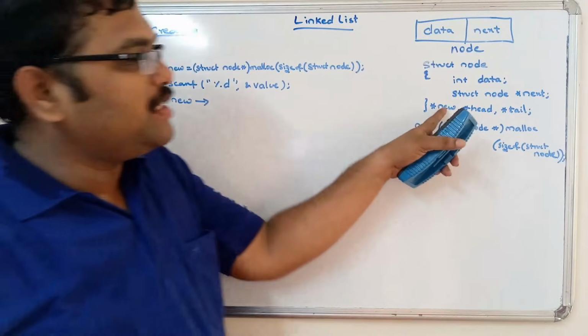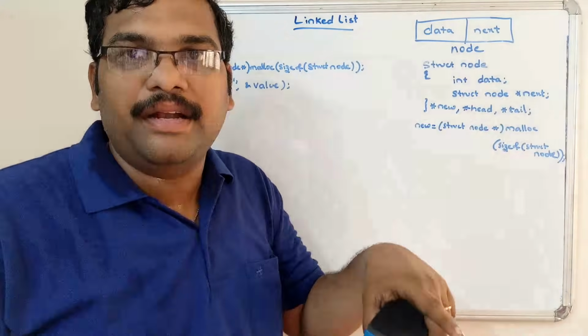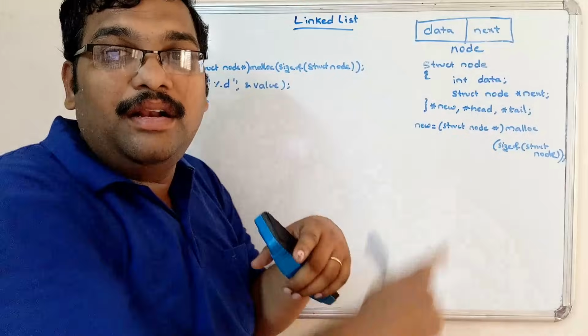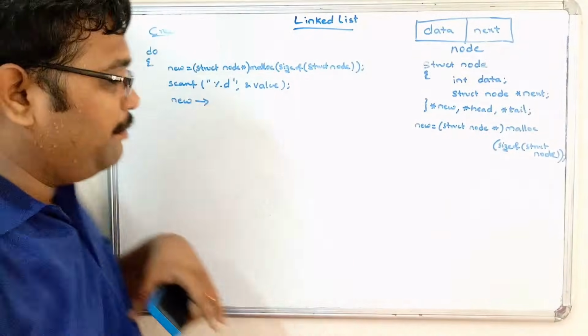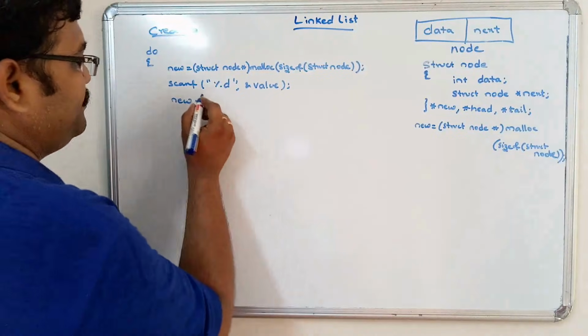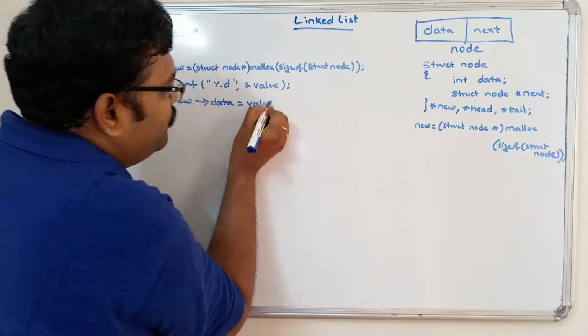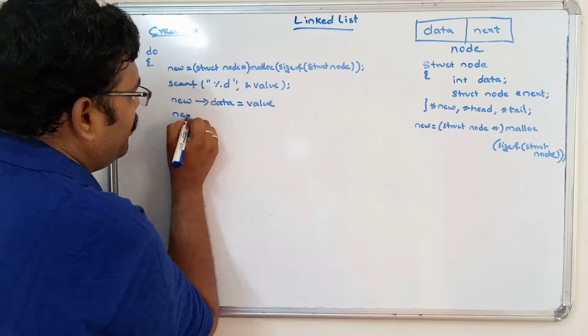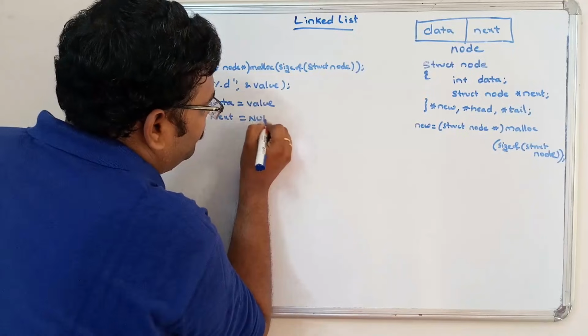If it is a normal structure variable, we can access the members by using the dot operator. If it is a pointer structure variable, it should access the members by using the arrow mark. New of data is equal to value and new of next will be null initially, right?